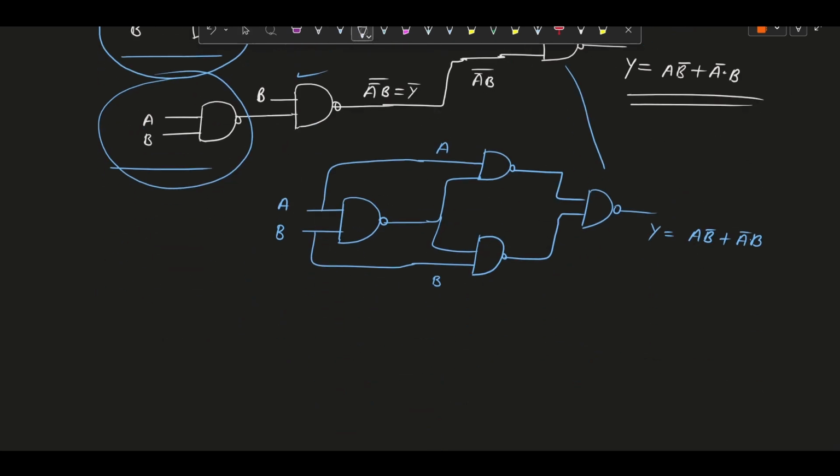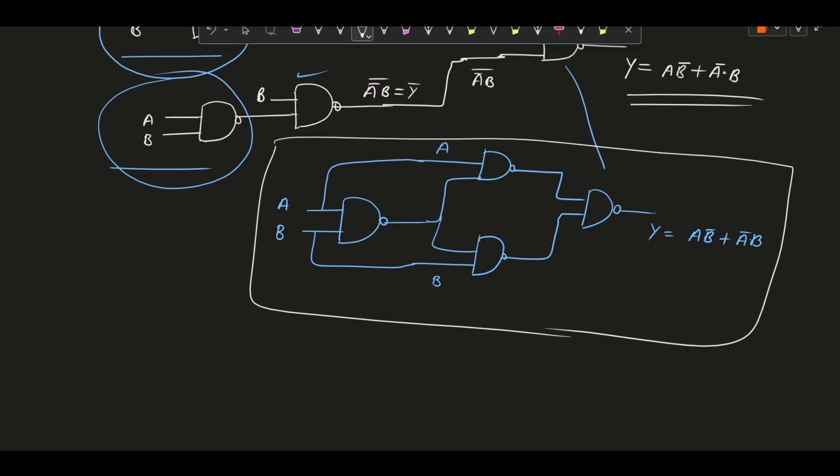Okay, so this is the final implementation of XOR gate using NAND gate.